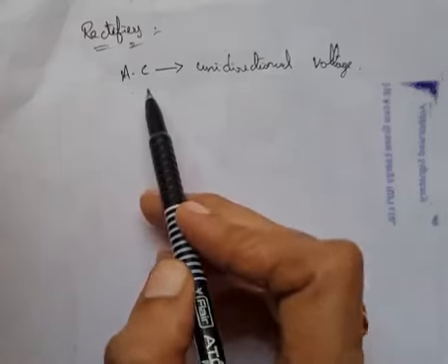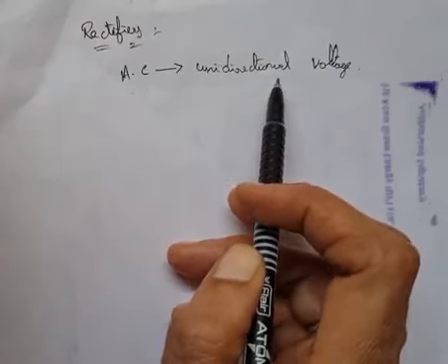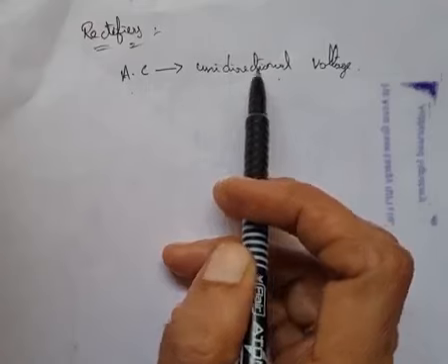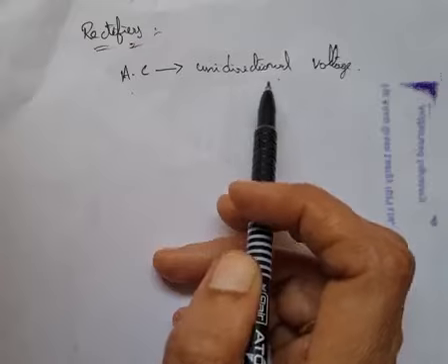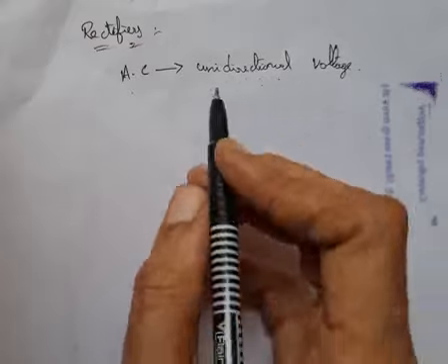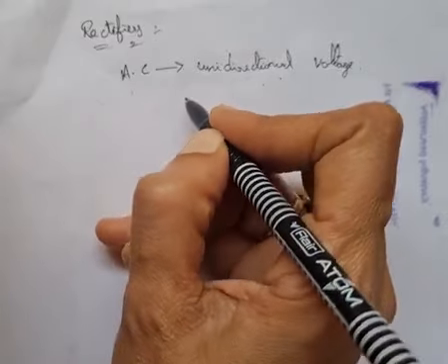This unidirectional conduction device is our PN junction diode. These rectifiers are classified, as we already told you, into half wave rectifier, full wave rectifier, and bridge rectifier.